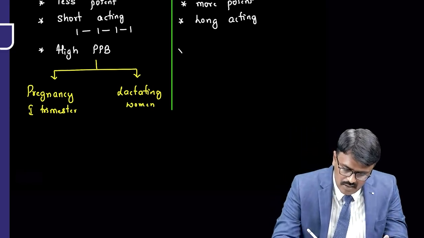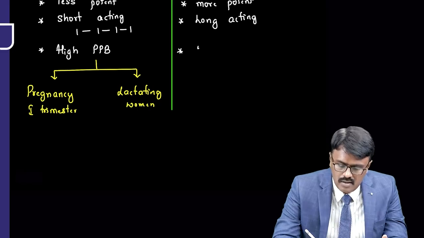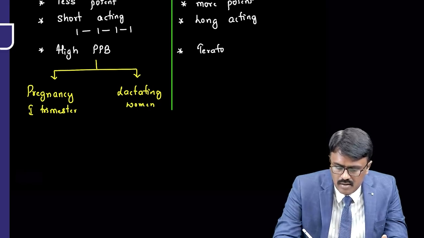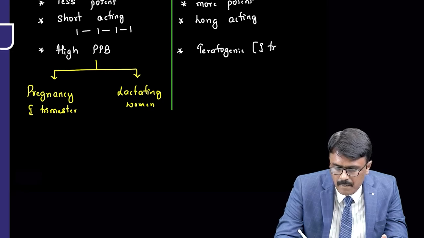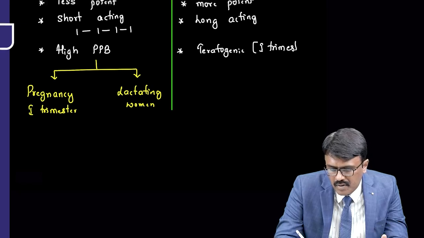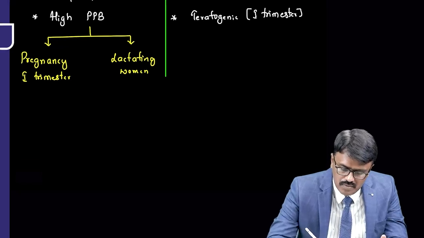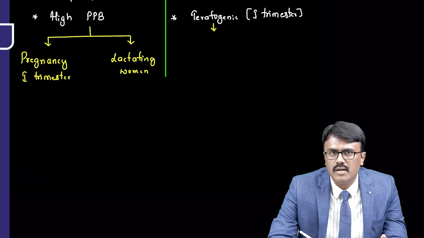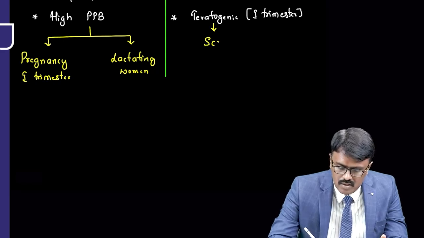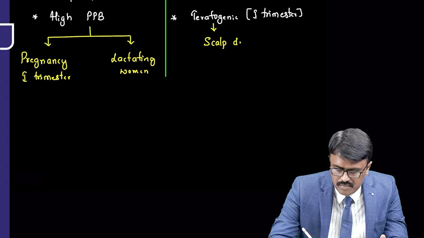Now coming to these drugs, they are teratogenic, particularly in the first trimester. So what teratogenic effects do they produce? Number one, they produce scalp defect.